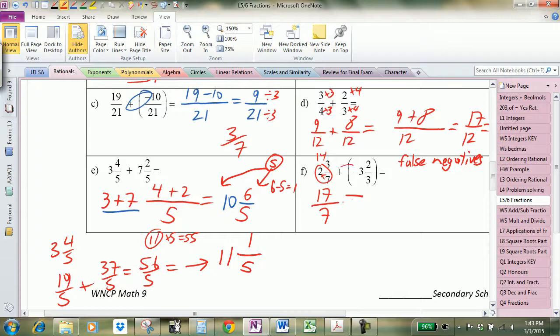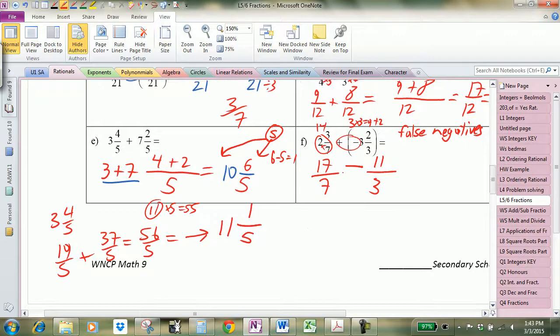Minus, right, fix your signs, minus 3 groups of 3, which is what? 9 plus 2, 11. So 3 times 3 equals 9, plus 2 equals 11. So now I need a common denominator of what? 21. So this would be, ooh, geez, times 3 times 3, 51. Times 7 times 7, well, that one's easy, 77.